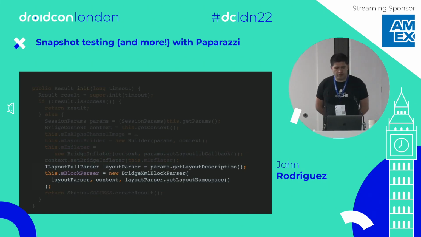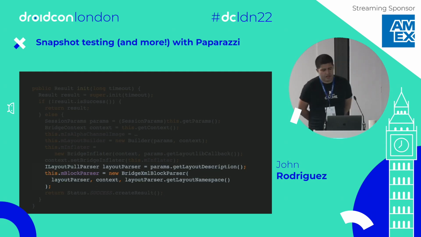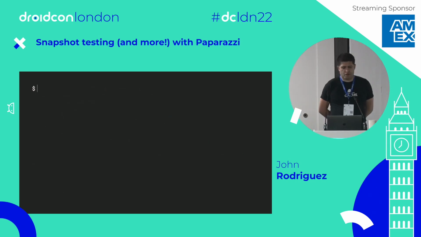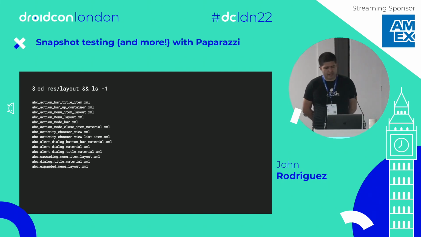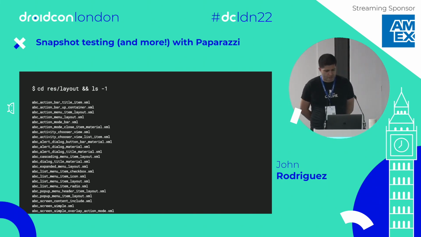And what you'll notice is that instead of the XmlPullParser that handles the binary resources that would be packaged inside of an APK, this parser deals with text formats. If you're familiar with how Android internals package your resources, and you just unzip your APK, you'll see how resources are packaged.